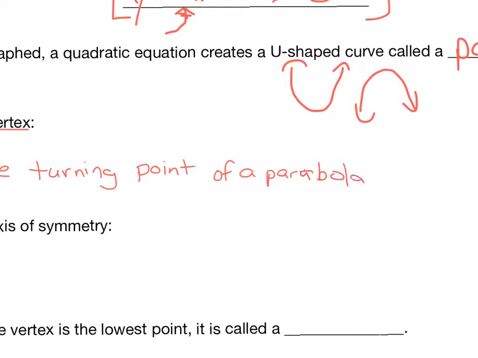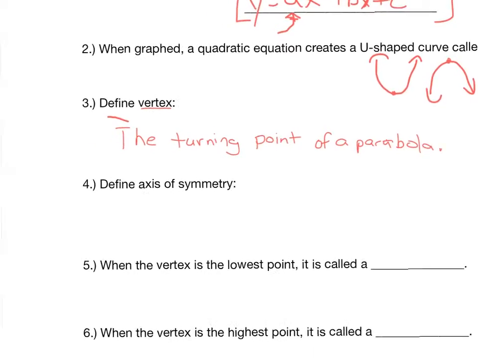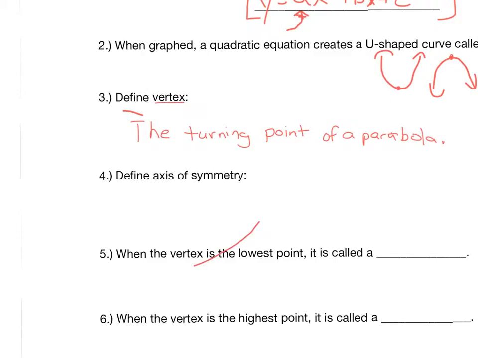And if we look at these two parabolas up here, somewhere right around here would be your turning point, and we would call that a minimum, which we're going to talk about in just a moment, because it's going to be the lowest point on the parabola. And if we look at the parabola on the right, the vertex would be somewhere up here. We would call that a maximum because it would be the highest point.